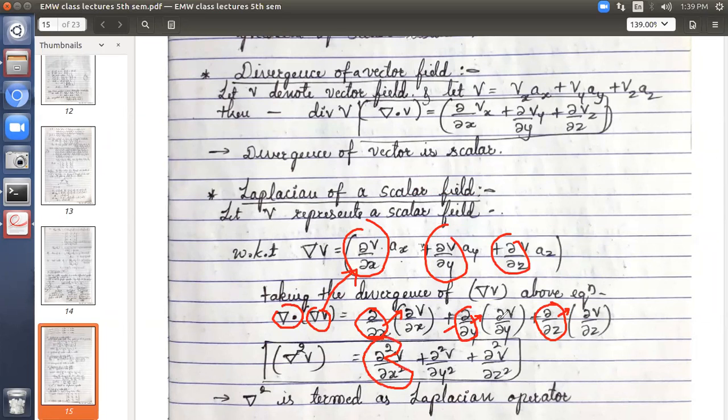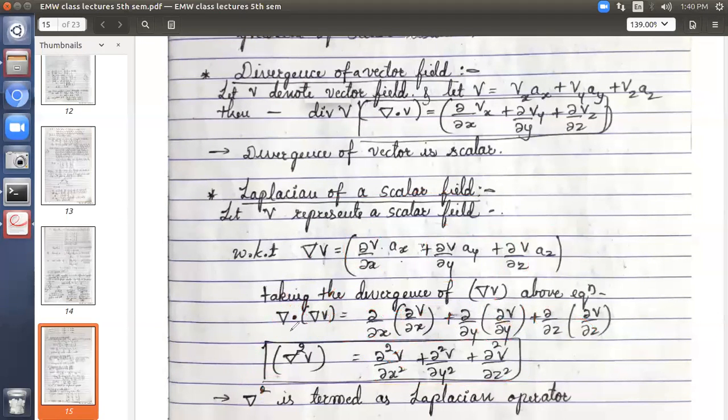Square of, here also square of, here also square of. That's what I have written here finally. And it is in general V in all the three directions. This square box is called the Laplacian. If you just observe the LHS, I have simply taken this as a square. This del square is called the Laplacian operator. If it is simply del, it is a del operator. If it is del square, it is Laplacian operator.